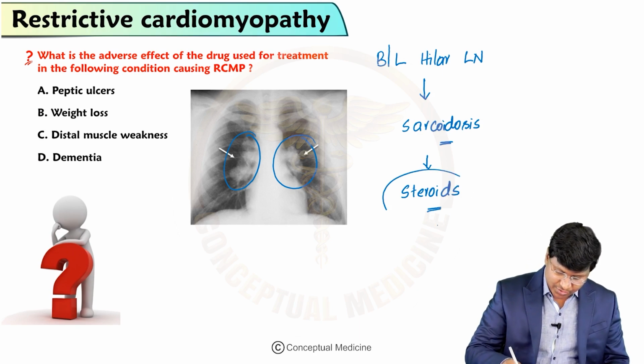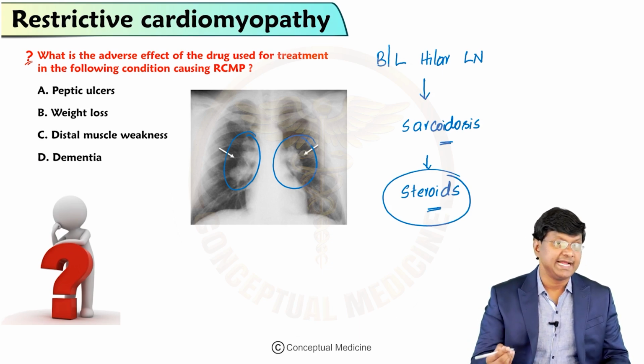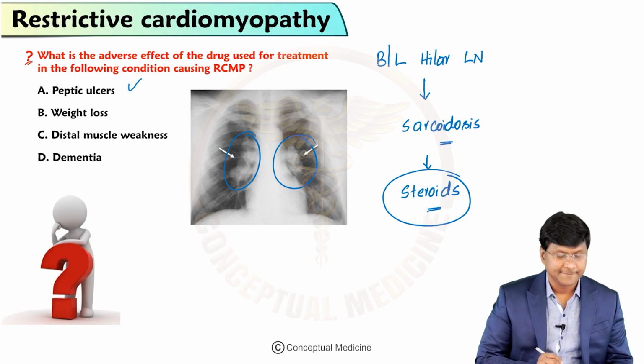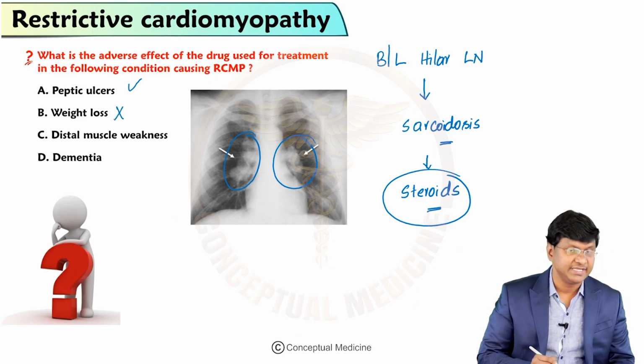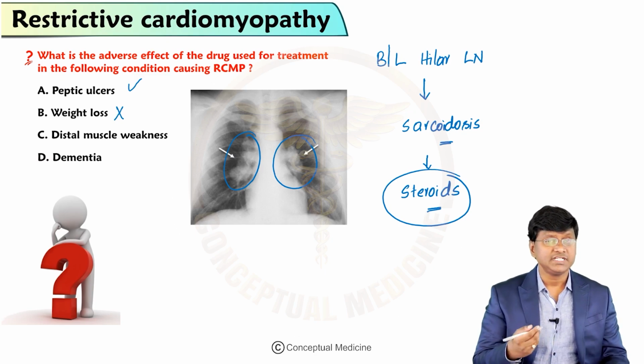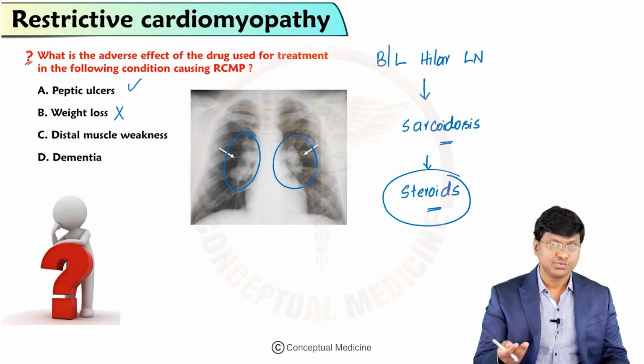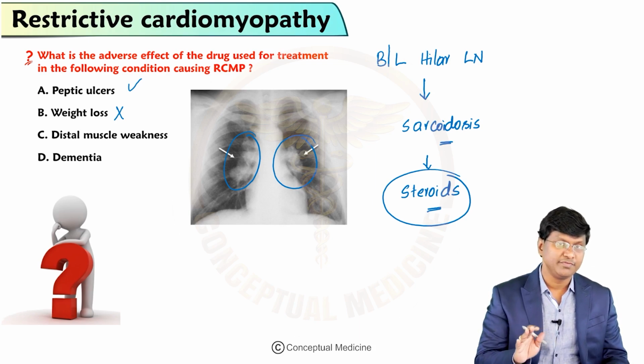And with steroids, what are the adverse effects? Steroids can cause peptic ulcers. Weight loss will not be there with steroids. Excessive steroid supplementation will make the individual land up in iatrogenic Cushing's, and in Cushing's there will be weight gain, not weight loss.